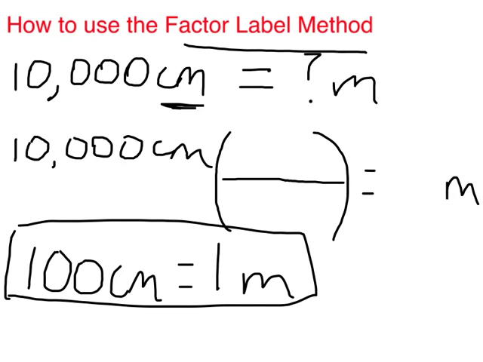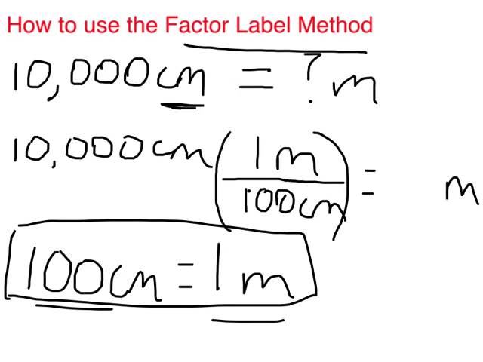Regardless, the key to this is placing this number and this number in the right spots. You always want the units that you started with to cancel each other out. You want to be left with the units that you're trying to figure out. So watch this. If I put 100 centimeters down here and 1 meter up here, watch what happens. You should be aware that centimeters divided by centimeters equals 1.